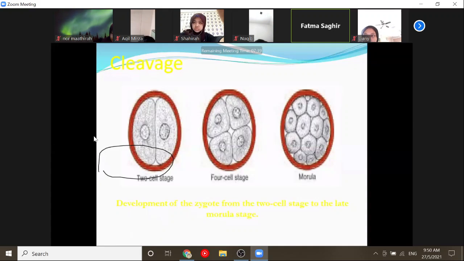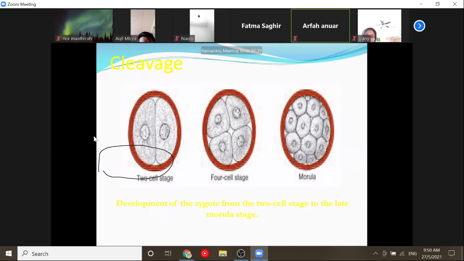So this happens within the fallopian tube. Zygote divides into 2 cells, so now we don't call it zygote anymore. Divide into 2 cells, 4, 8, 16, until we get morula. Morula is a group of cells.